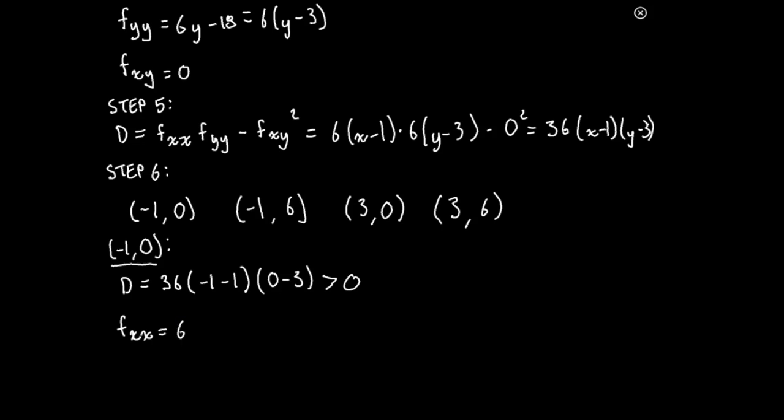It was 6 times x minus 1. And in this case, our x value is -1. So this is 6 times -1 minus 1. And again, we only need to know whether it's greater or less than 0. And in this case, we can clearly see that it's going to come out to be negative, so it's less than 0. And therefore, this point is a local max.